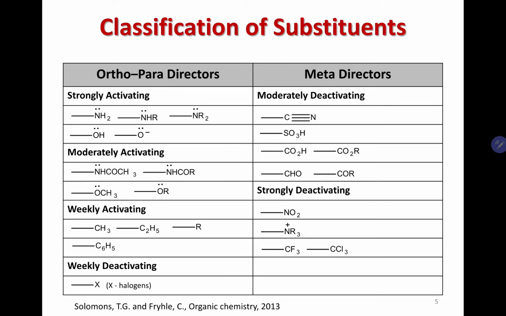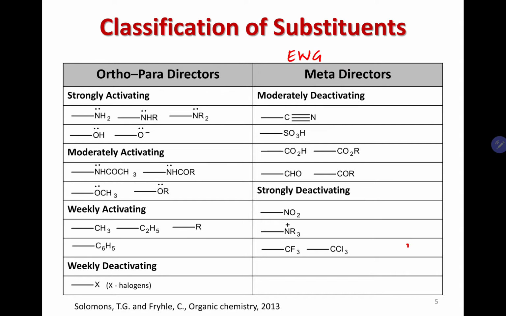If you want to understand this table, the most important thing to remember is that meta directors are usually highly electron withdrawing. So meta directors are usually electron withdrawing groups.